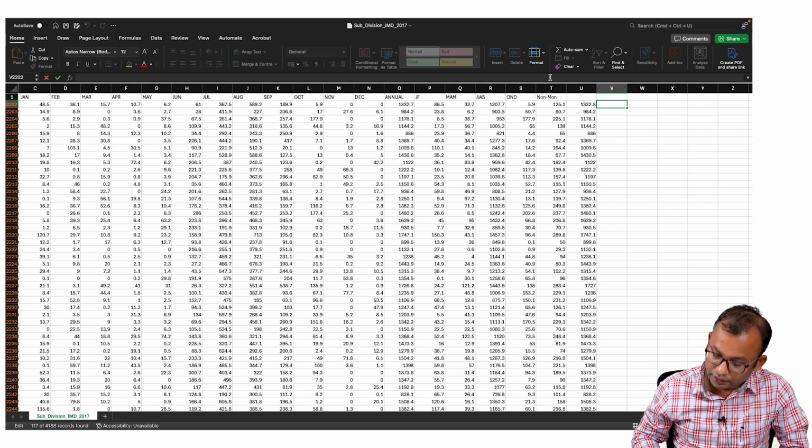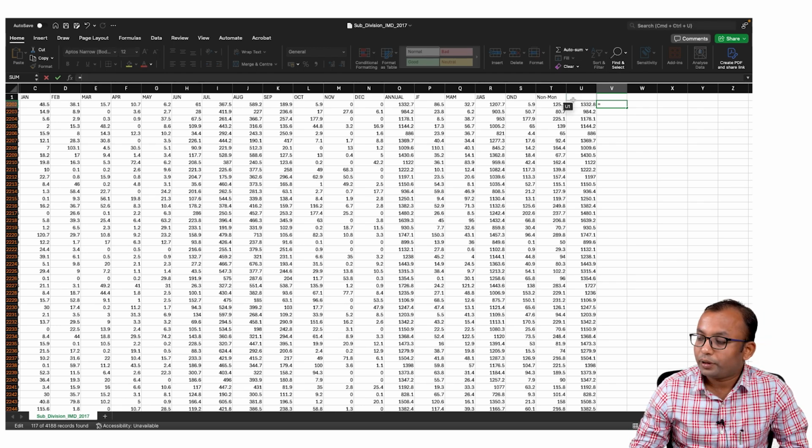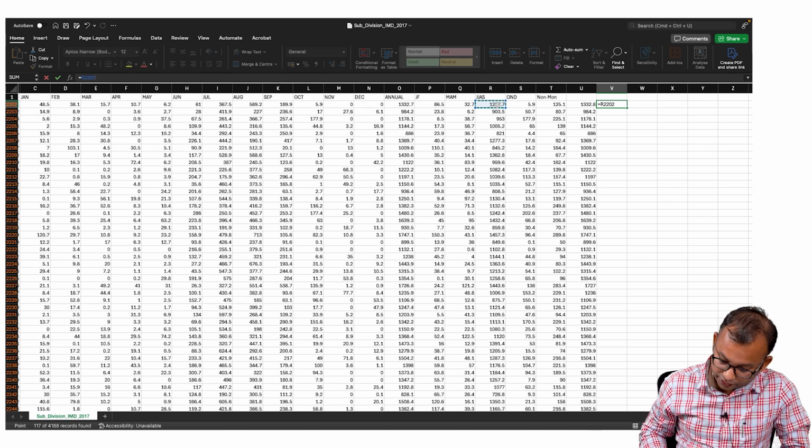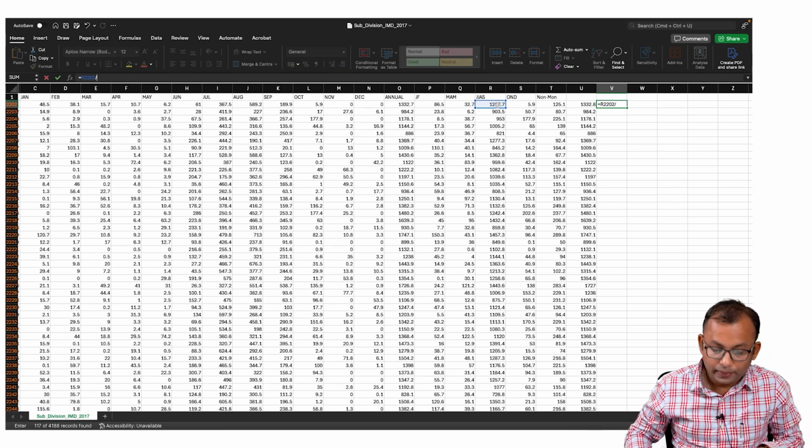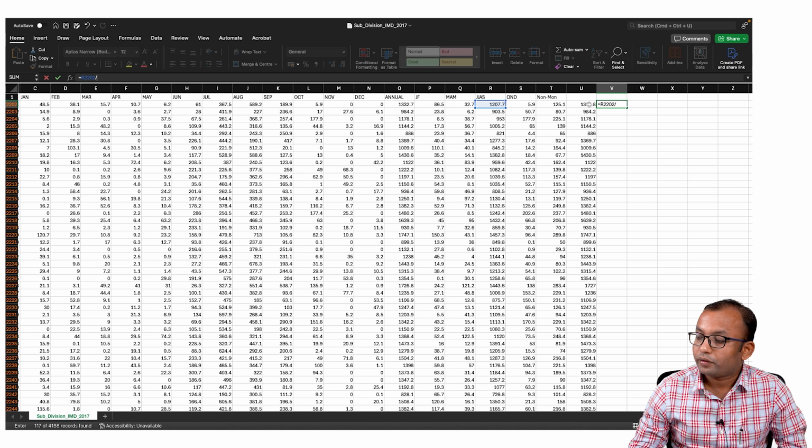How can you do that? You hit an equal button, then select this number, this is JJAS rainfall, then divided by the total amount of rainfall.